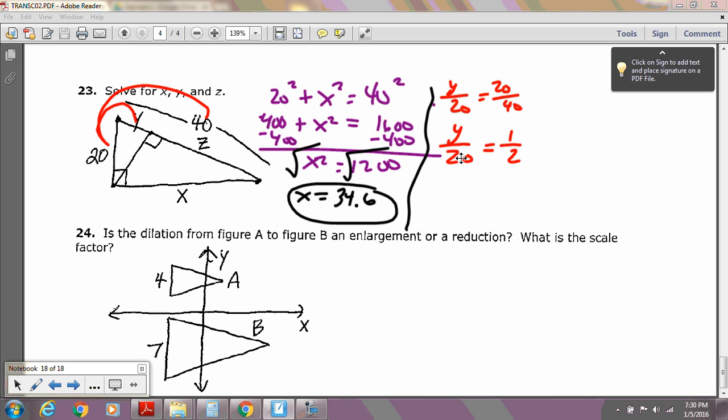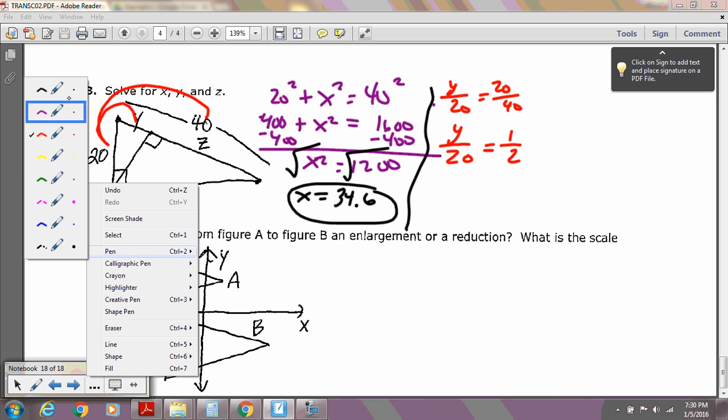And so you got to ask yourself, what would y need to be if it's over 20 in order to be 1 over 2? Now, if you're a logical thinker, you already know the answer. But if you still can't see it, go ahead and cross multiply with these smaller numbers to get your answer.